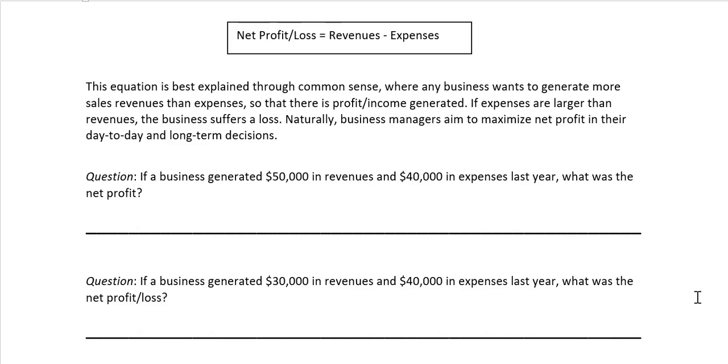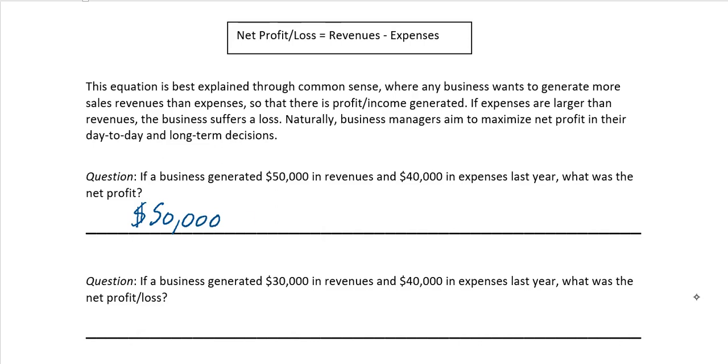Okay, so let's go over these two questions. First, we're going to just go ahead and plug numbers in. So 50,000 revenues, that's pretty straightforward. We have 50,000 here, and that's just plugged in for revenues up here.